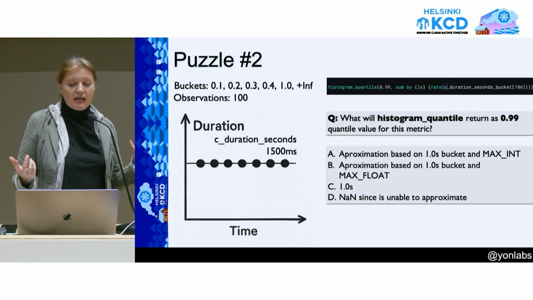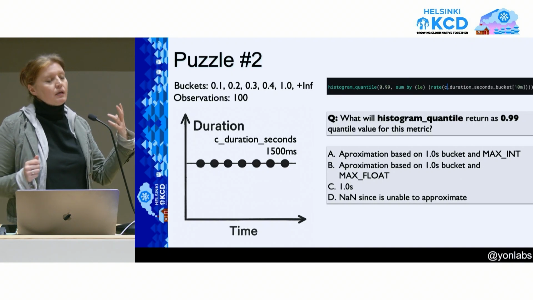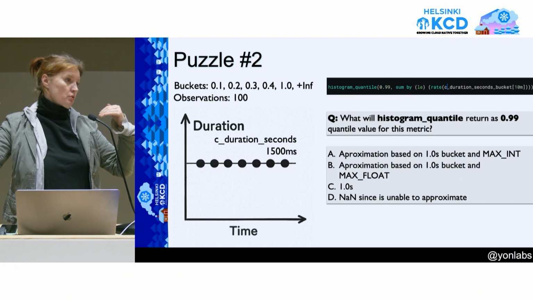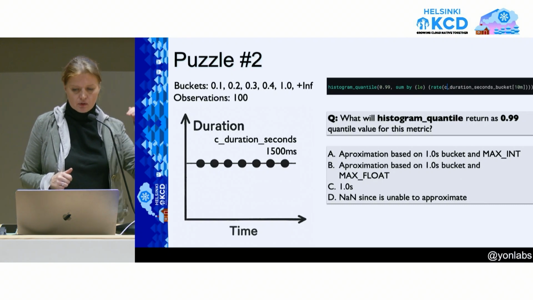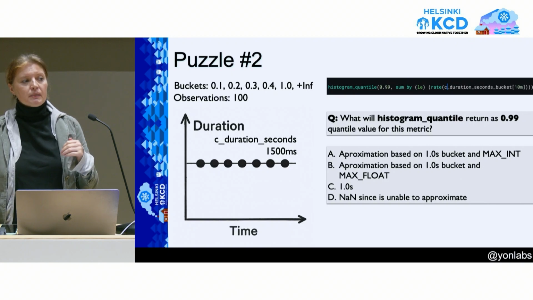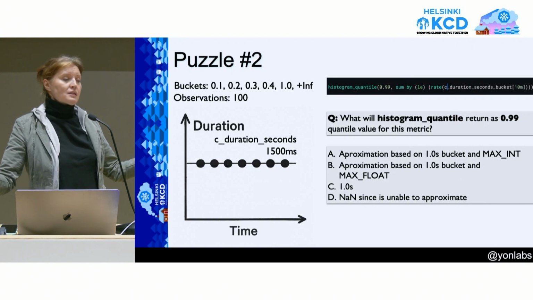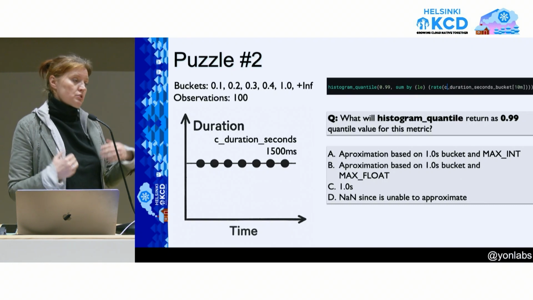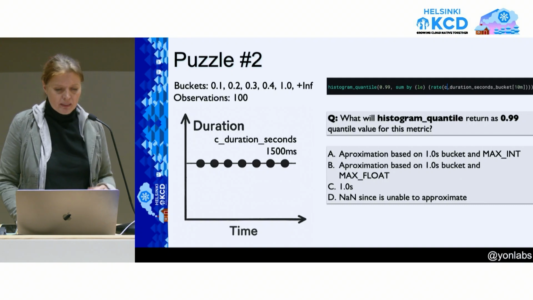So perhaps it approximates between 1 second and some sort of maxint. Perhaps it approximates based on 1 second and max float. Let's keep in mind that all Prometheus numbers are floats. Perhaps it just returns 1 second, or perhaps it returns not a number because it's not able to approximate it in any way.